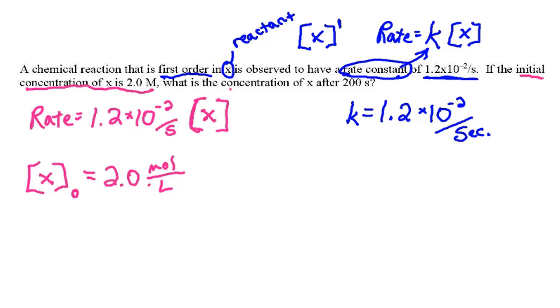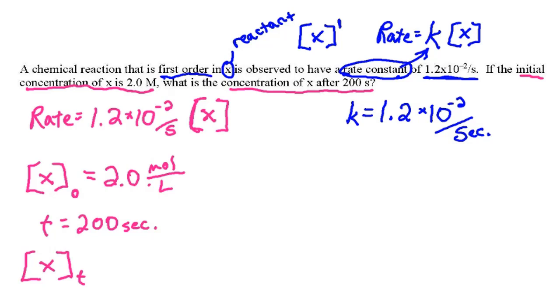What is the concentration of X after 200 seconds? So the time would be 200 seconds. And what we're looking for is the concentration of X after the time is over. So I'm going to put a question mark there.